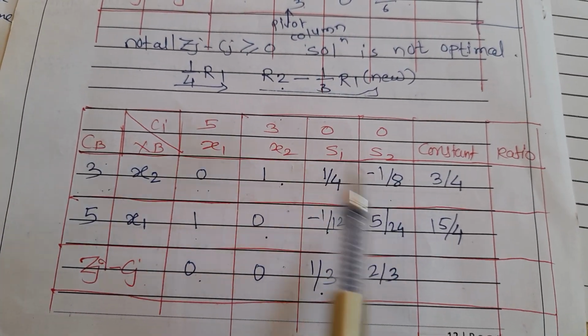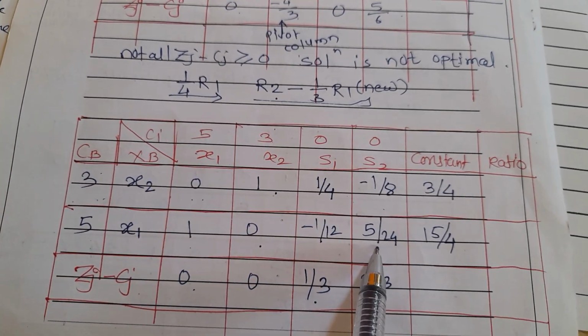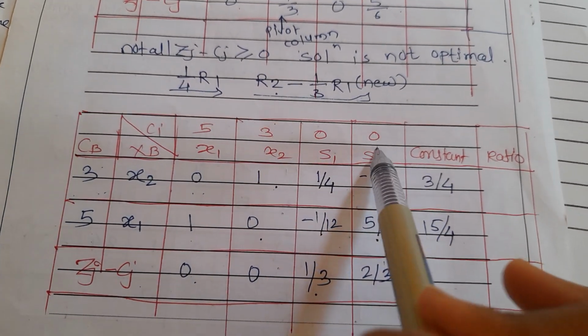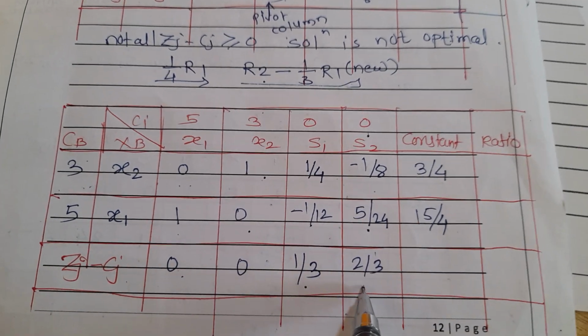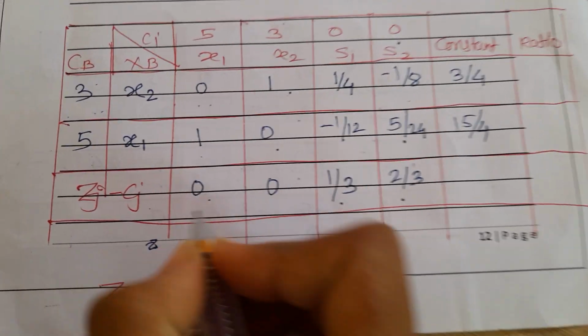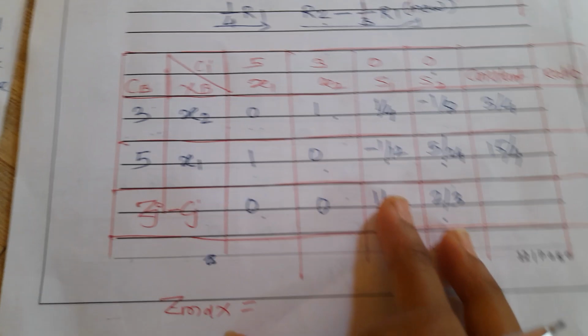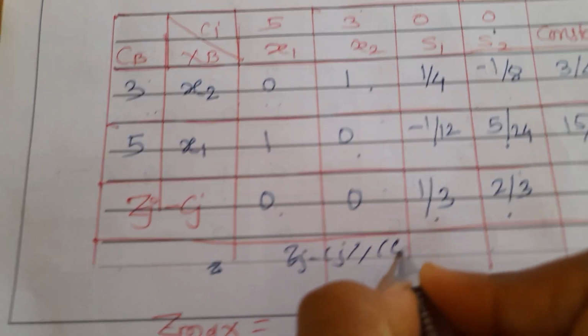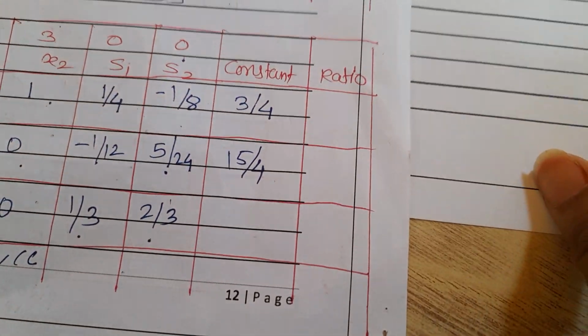Then 3 into minus 1 by 8 and 5 into 5 by 24; add these two elements and subtract the 0. It becomes 2 by 3. Therefore, here all zj minus cj are greater than or equal to 0, so our solution is optimal.